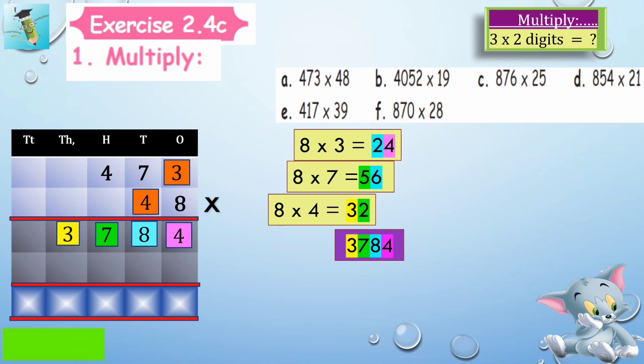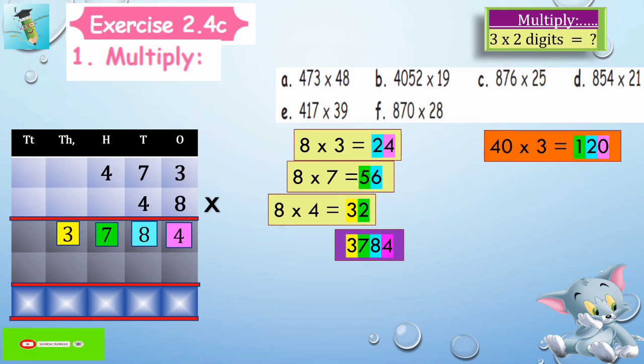See, look carefully. For our ease we will say 4 3s, but actually it is 40. So we are going to multiply 40 and 3 ones. So 4 3s are 120. Then 40 into 70. Very good. So 2800 is the answer.